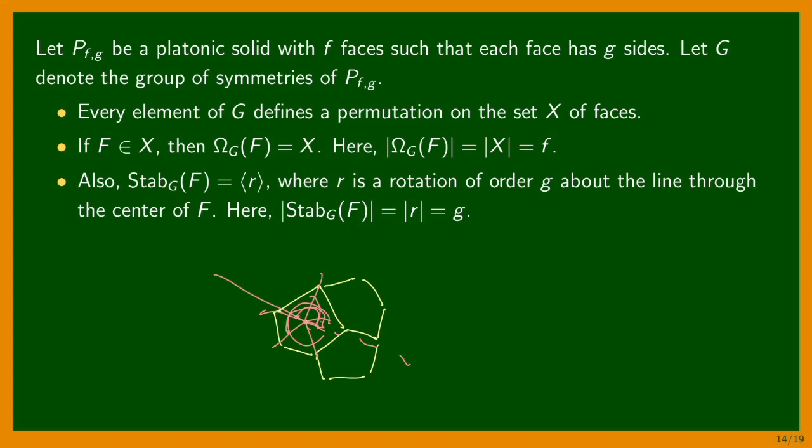This is a rotation of order G, kung ilang yung number of sides, di ba? Yun yung order ng rotation na R, about the line through the center of f.